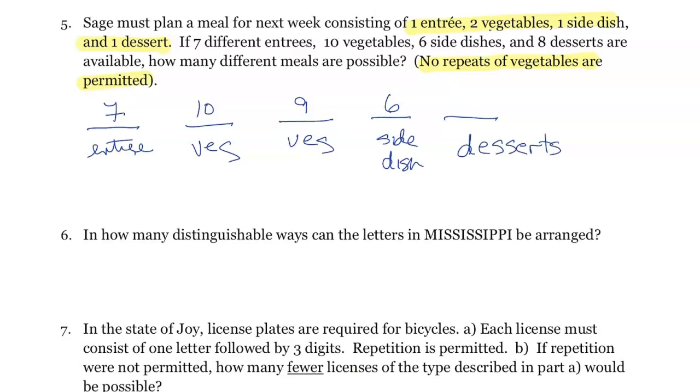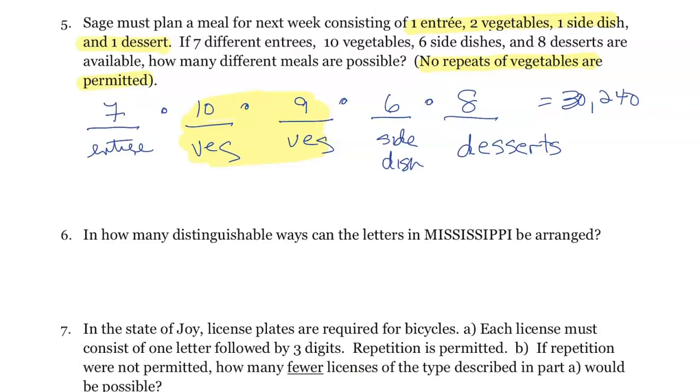Using the counting method, the box method, the line method, this is what I'm getting. And if you multiply all these together, you have 30,240 possibilities. Okay, so a key component here was that you had 2 vegetable dishes and they couldn't repeat, and that's why the numbers went downhill.